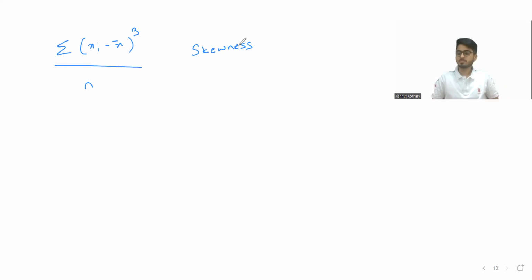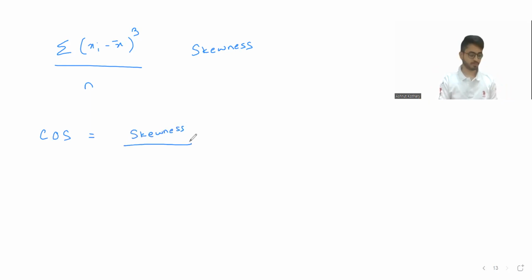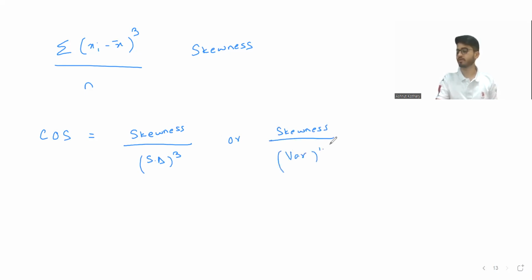An alternate way to measure the shape is the coefficient of skewness. So write down the coefficient of skewness formula. Coefficient of skewness is skewness divided by standard deviation raised to the power 3, or alternatively skewness divided by variance to the power 1.5.